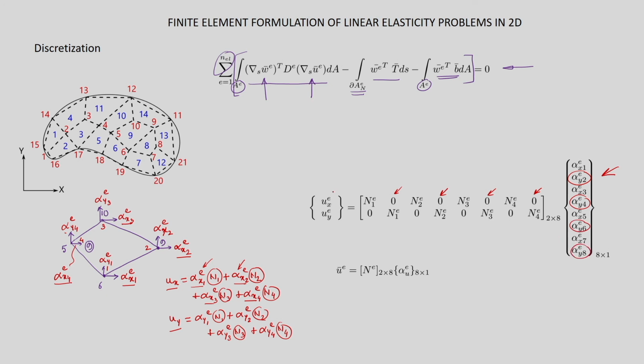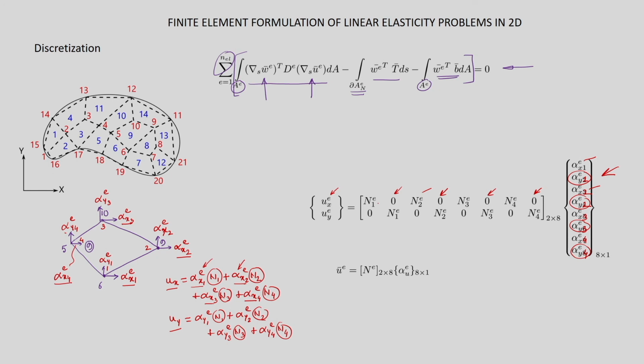Alright. So, ux in element E is n1 times alpha x1, n2 times alpha x2, it should be alpha x3 because we have numbered it as 1, 2, 3, 4. Alright. So, you can say in the x and y direction it is numbered as this: alpha x1, alpha y1, alpha x2, alpha y2, alpha x3, alpha y3, alpha x4, alpha y4.